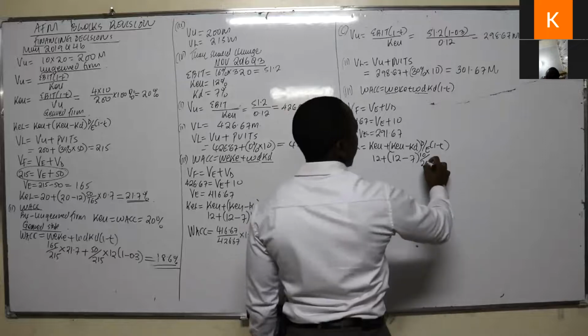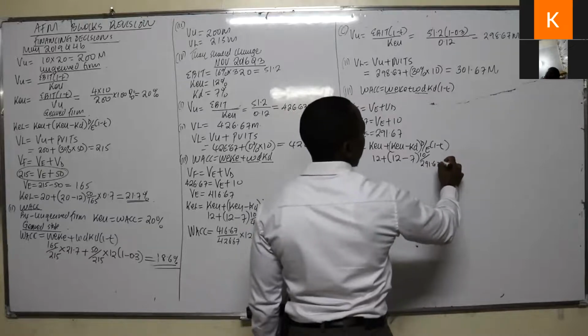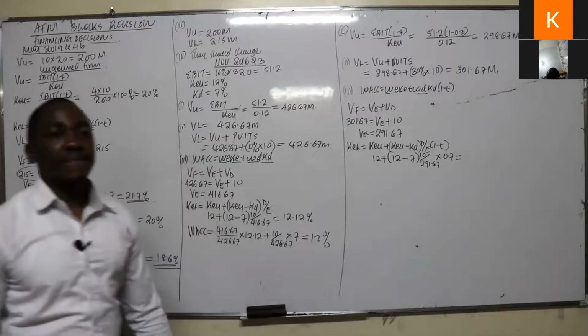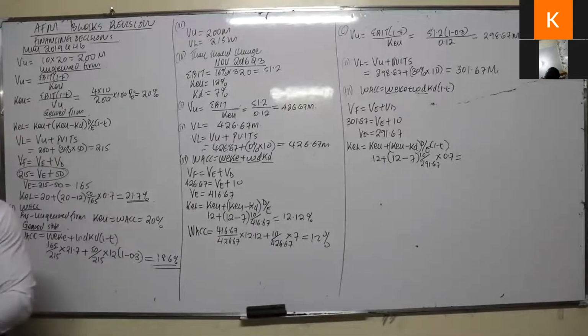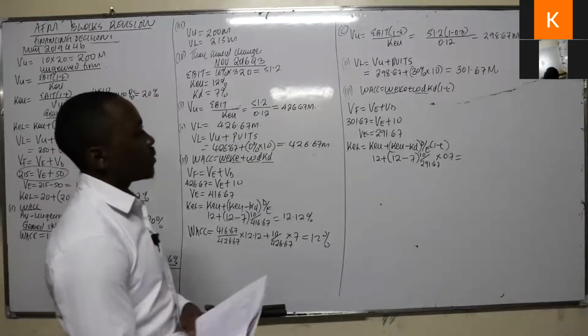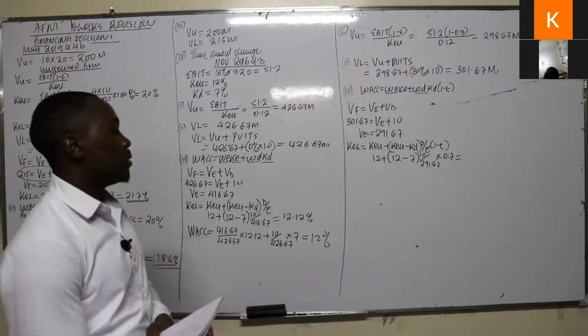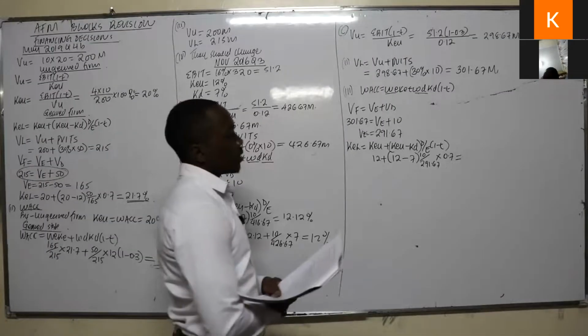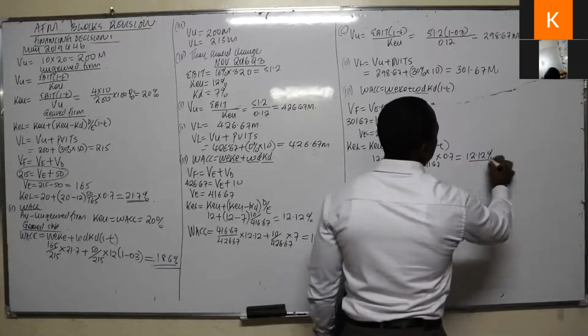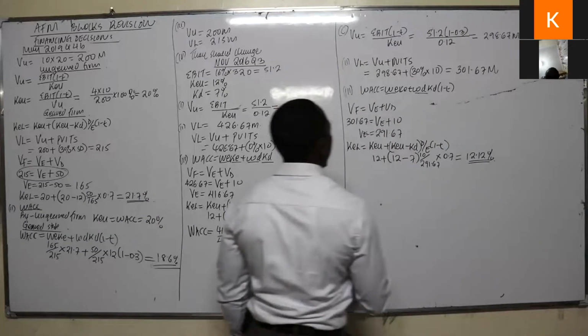Equity is 291.67. 1 minus T is 0.7. We get 12.1%.